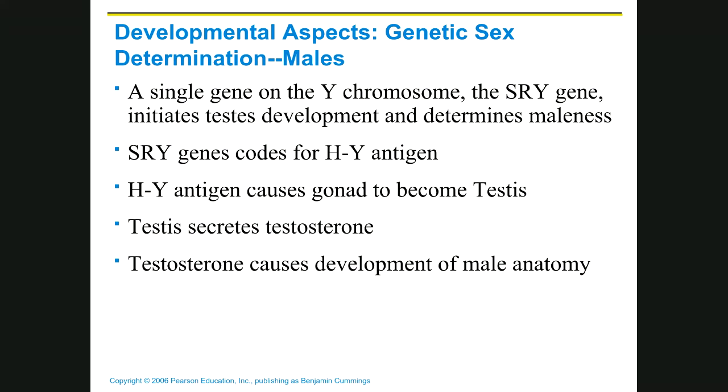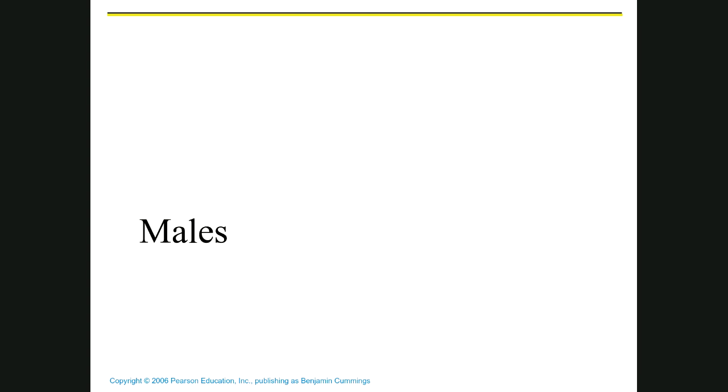And there's a single gene on this Y chromosome. It's called the SRY gene. So remember, this Y chromosome is very, very small, and it has very few genes on it, actually. One of the genes that's on here is a gene for hairy ears, which is kind of funny.